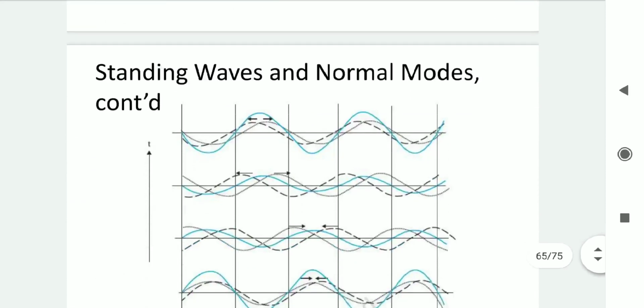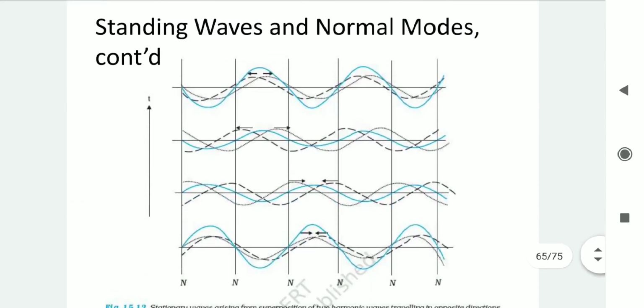As you can see over here in the diagram, two waves are there. One is defined by the blue line and another by the dark black line. Both are traveling in the same positive x direction, moving further continuously.